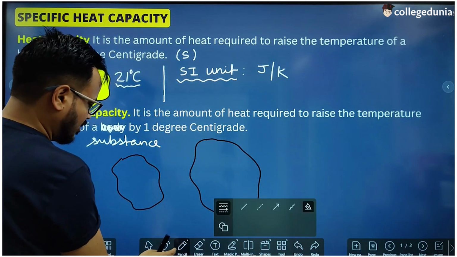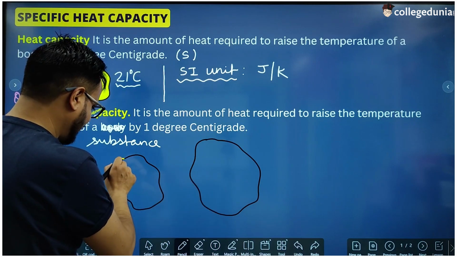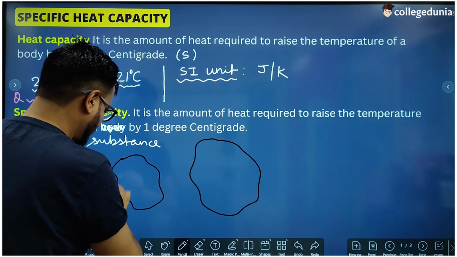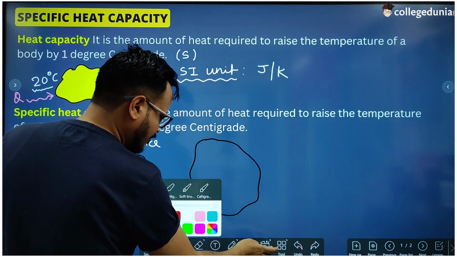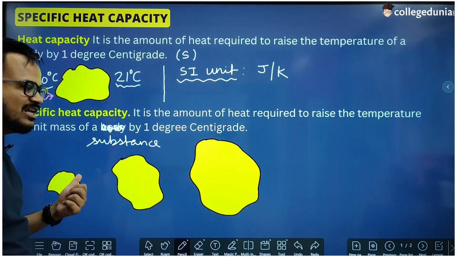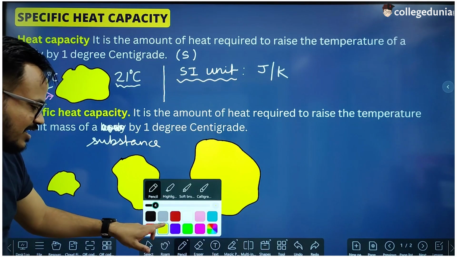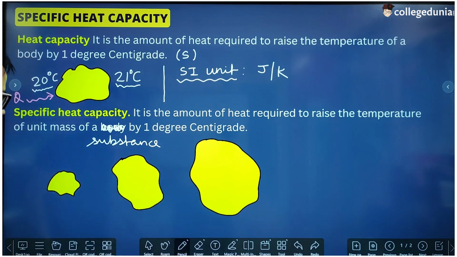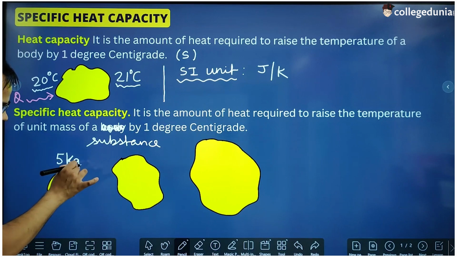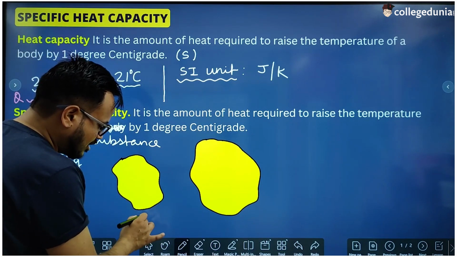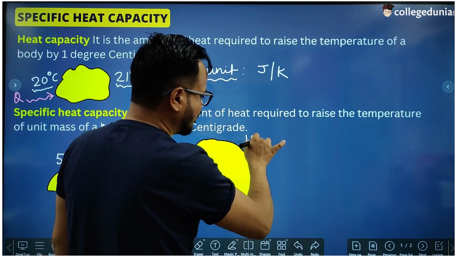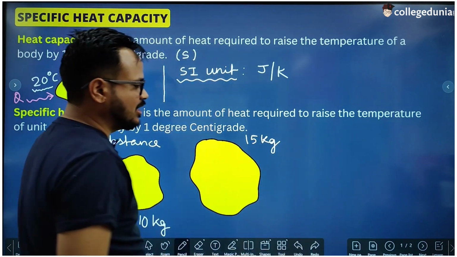Now we have 3 pieces of copper, and we can clearly see the size difference between these pieces. Suppose the mass of this piece is 5 kg because this is small, the mass of this piece is 10 kg, this is a big piece, and the mass of this piece is 15 kg.